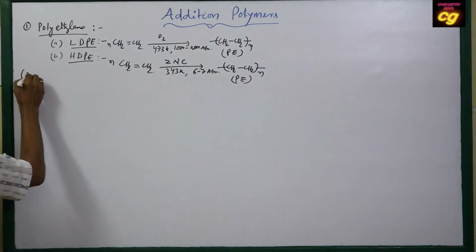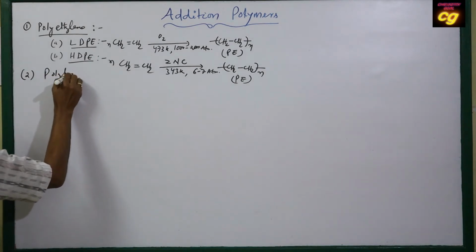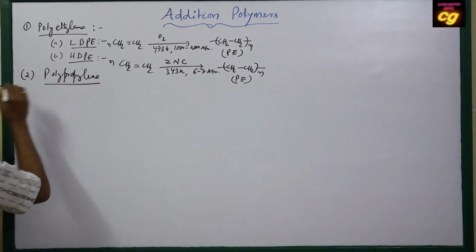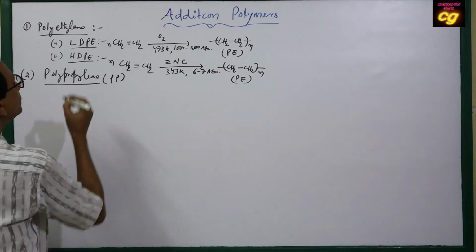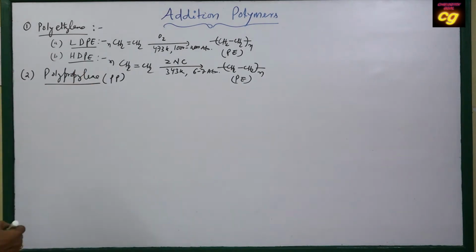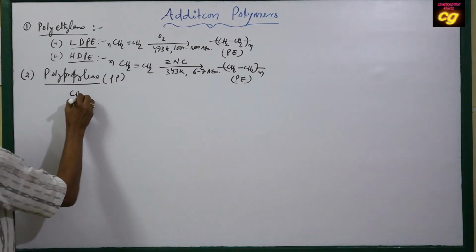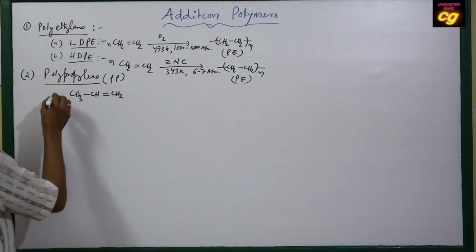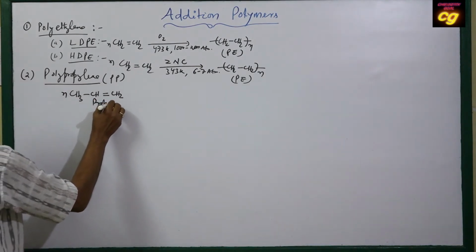Similarly, another important polymer is polypropylene, short form PP. It is mainly prepared from the monomer CH3CH=CH2, that is propene.